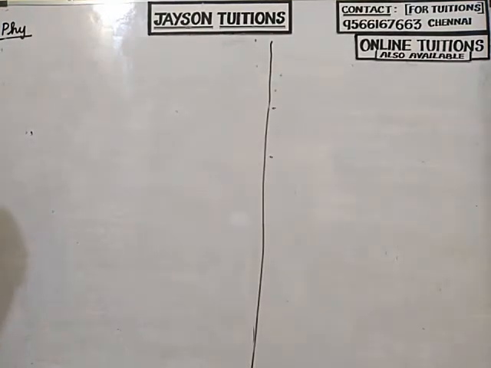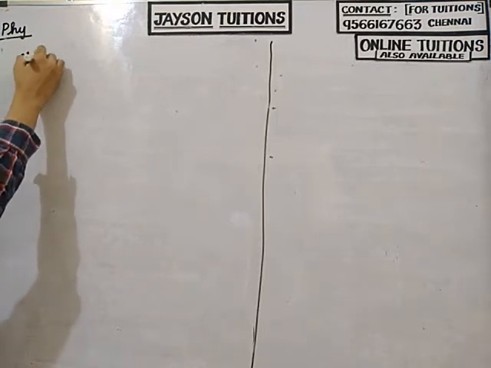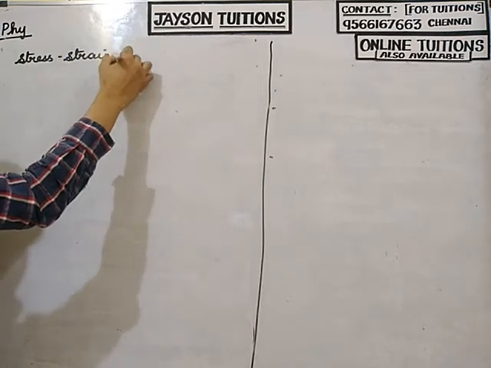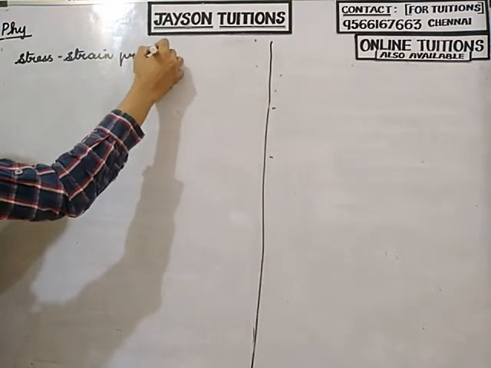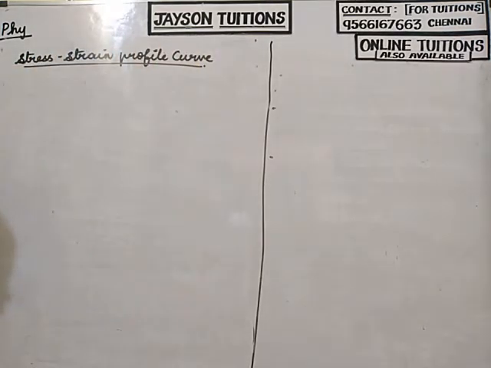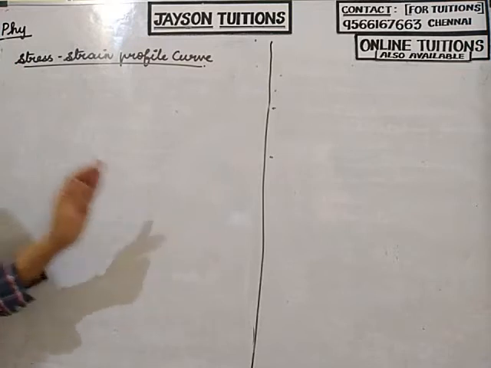So with the help of Hooke's law, I have found out that stress is proportional to strain. Now I am going to draw the graph for stress and strain. That graph is called the stress strain profile curve. When you do the experiment and draw the graph for stress and strain, you will get a graph like this.